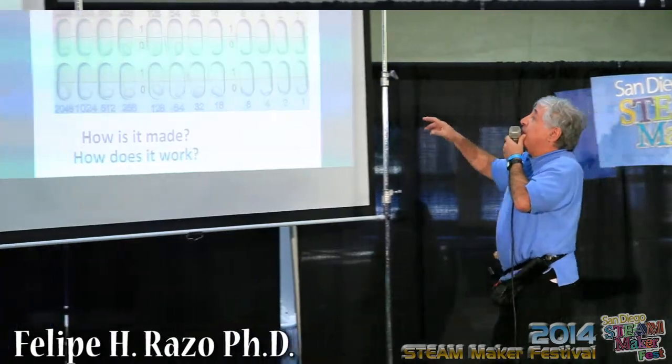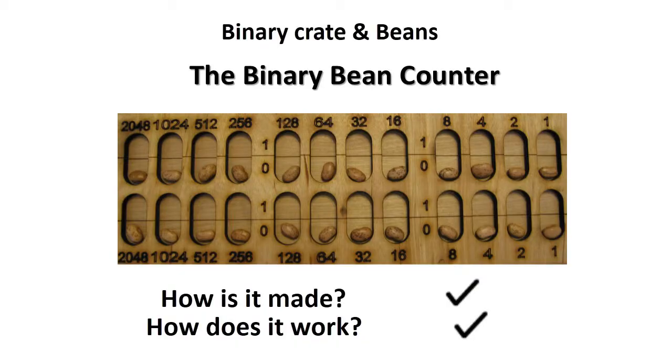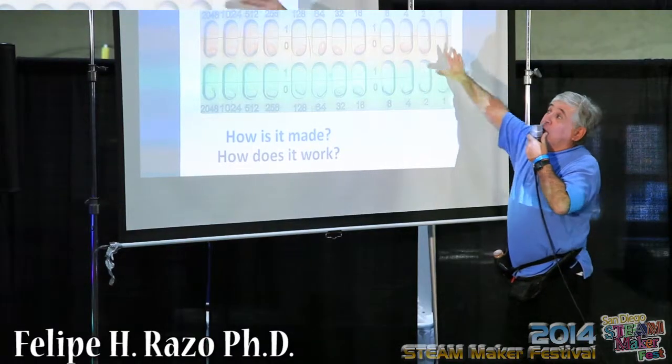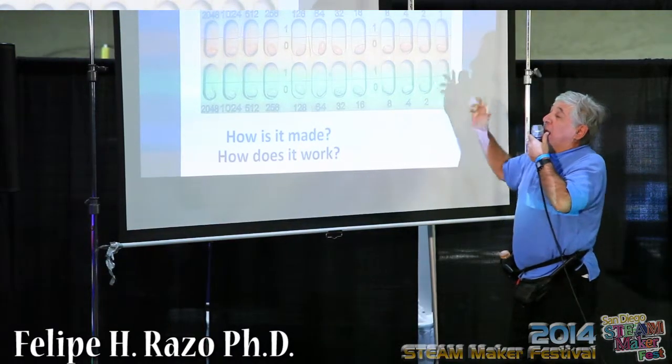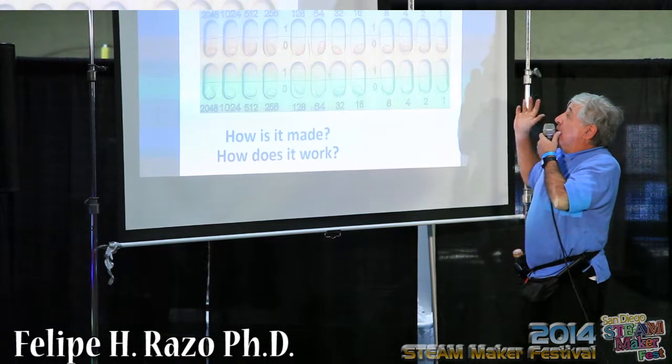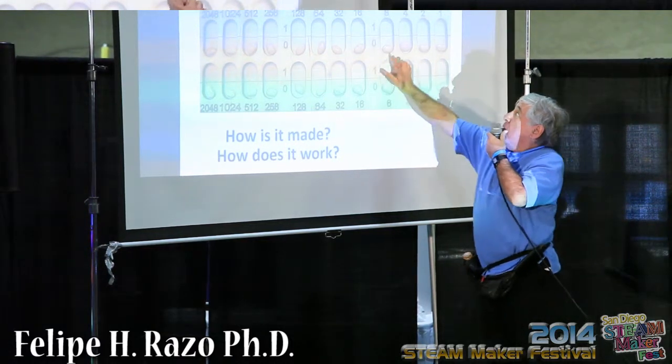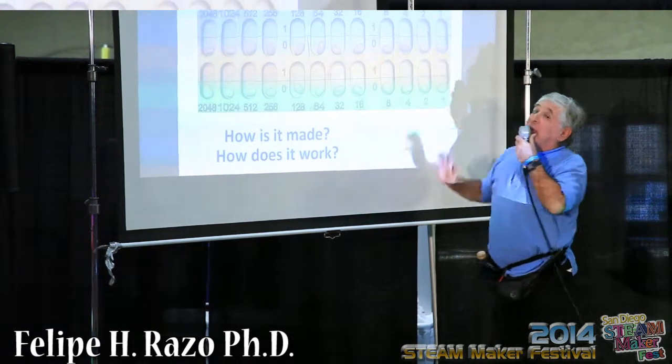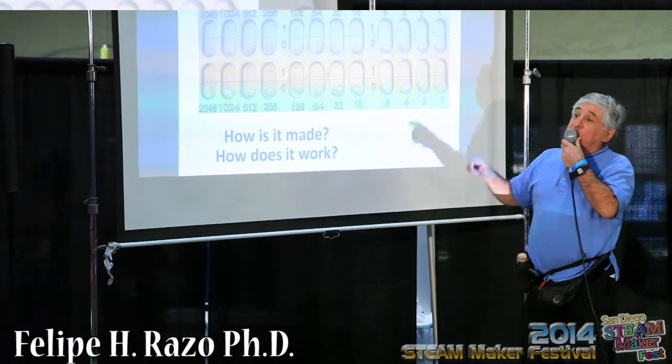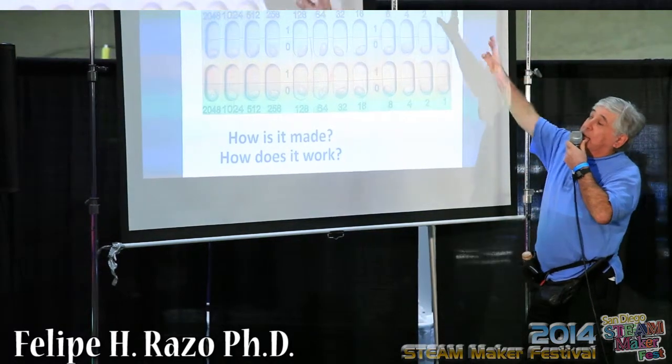So with this abacus, you get your number here, and the other number there, they call them registers. You put the two numbers together, and then you start operating them like an abacus, and you get the answer in one of the two registers. For example, if you want the number 9, you go an 8 and a 1. That's 9. You don't have to put 9 beans on a decimal.